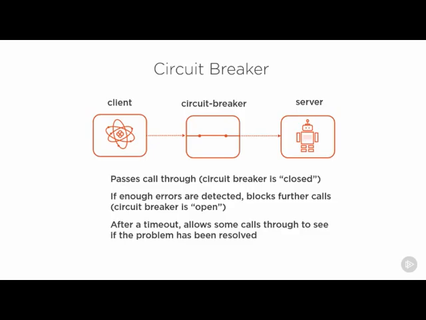If so, then the circuit breaker closes and it allows all calls through again. If the downstream service hasn't recovered, then it remains in the open state a bit longer, again quickly rejecting any incoming requests. And this is a very simple but powerful technique, and again, many programming frameworks will have ready-made implementations of a circuit breaker that you can take advantage of.